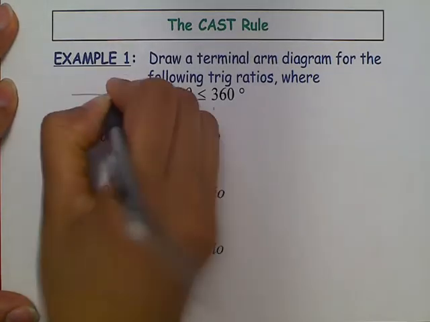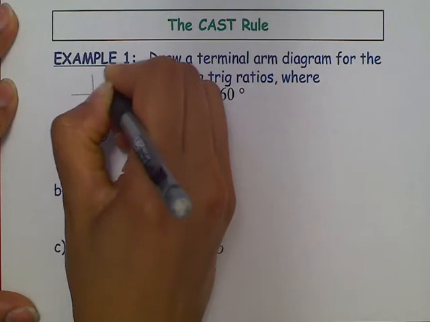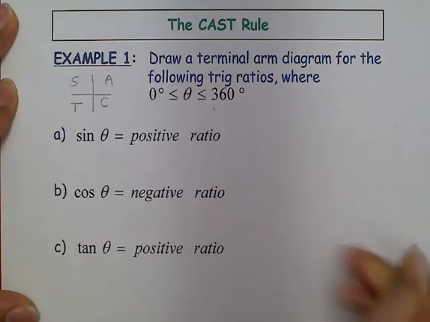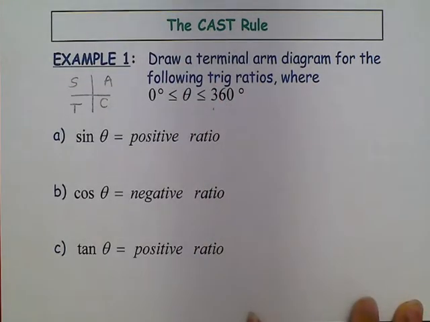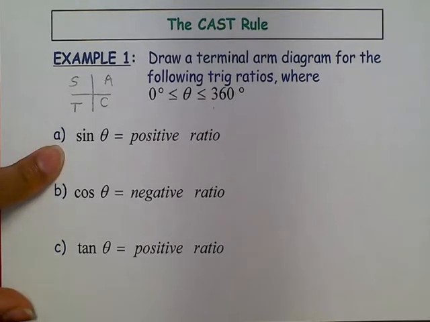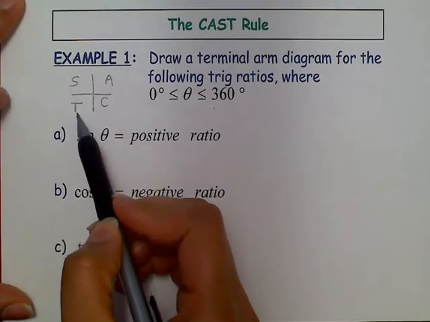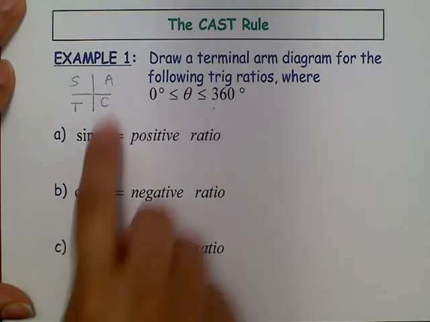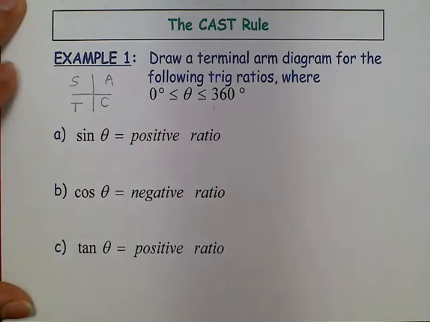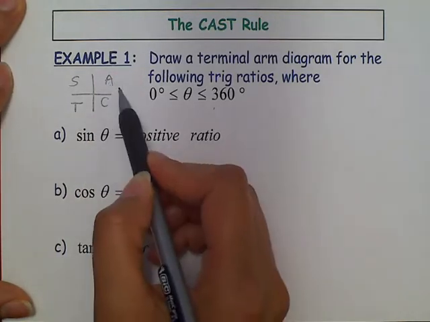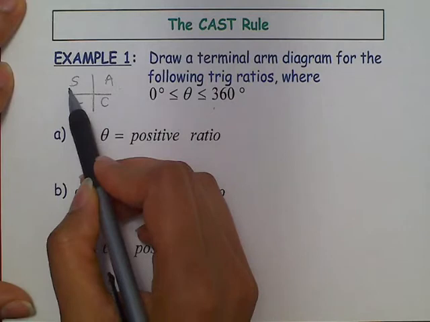So on the side here, I'm going to draw the CAST rule, and using the CAST rule, I'm going to determine which quadrants the sine ratio will be positive in. The sine ratio will be positive in the first quadrant and the second quadrant because all ratios are positive in the first quadrant and only sine is positive in the second quadrant.